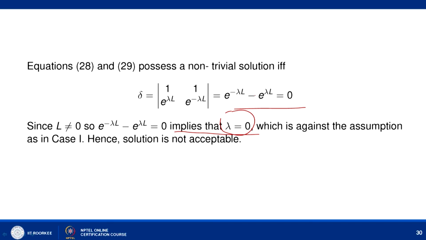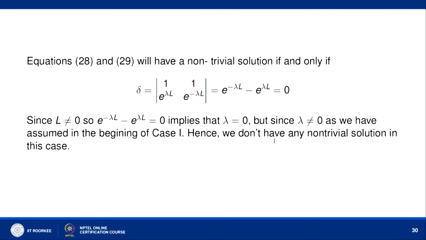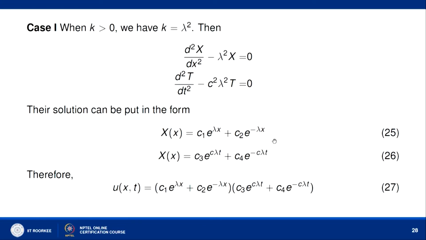So it is against our assumption. Hence our solution is not acceptable: when k is positive, we will not get any non-trivial solution.